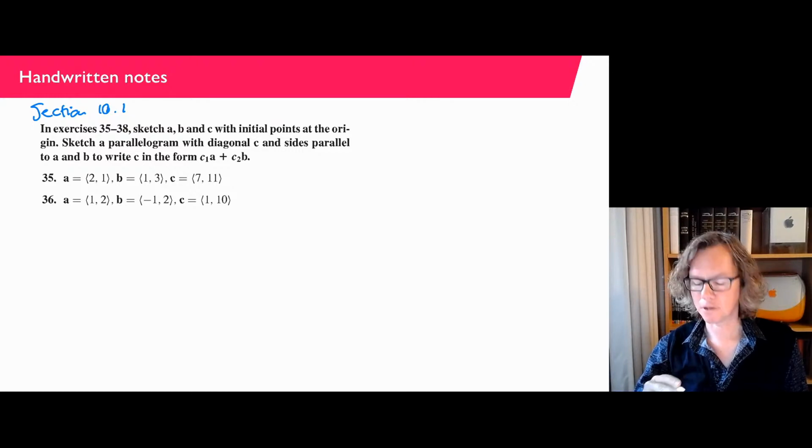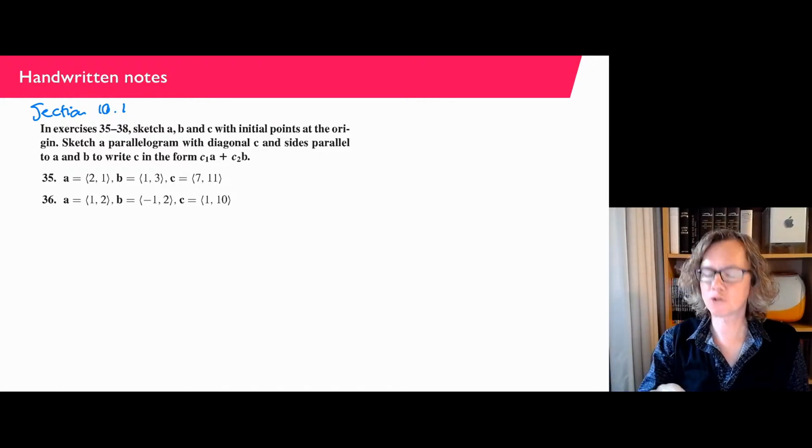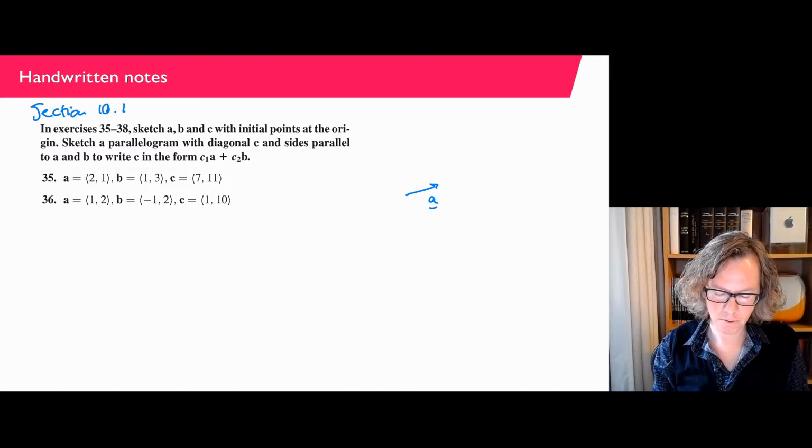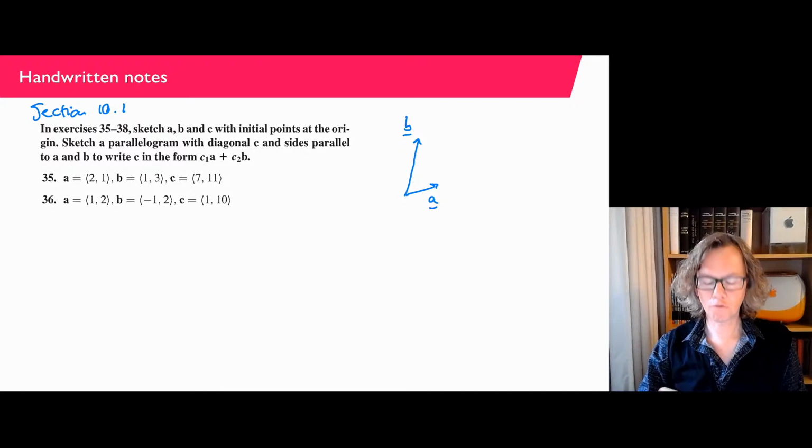So what's happening here? I'm just going to sketch them. I'm not really drawing the vectors as they should be, but we have a vector A, we have a vector B, and then given is a third vector, which is a lot bigger.